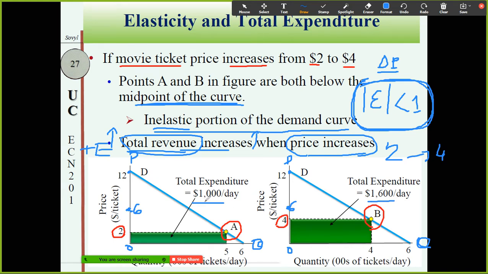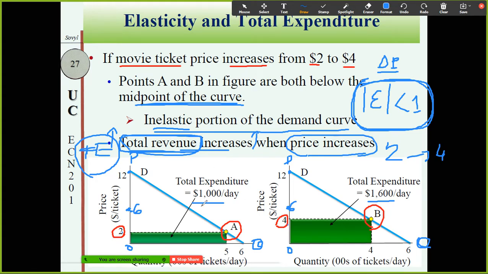So 1,000 is smaller than 1,600. That's why when the price goes up from $2 to $4, total revenue received by the seller is also higher. If total revenue received by the seller is higher, total expenditure is also more than before.